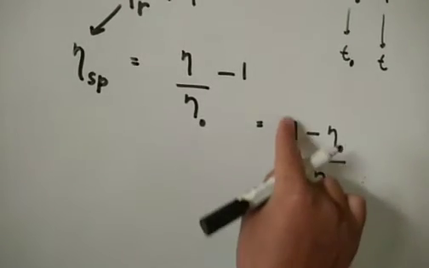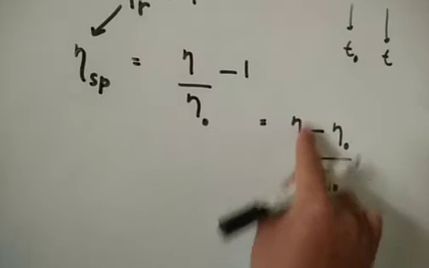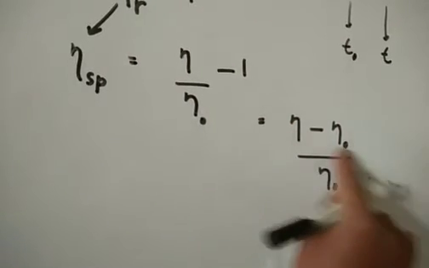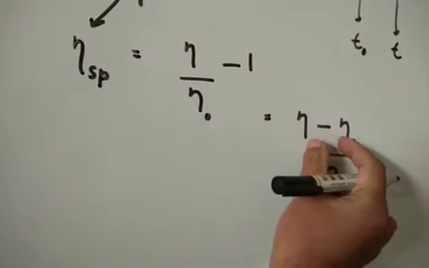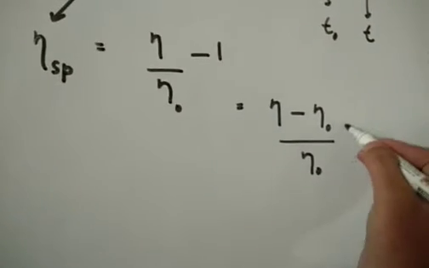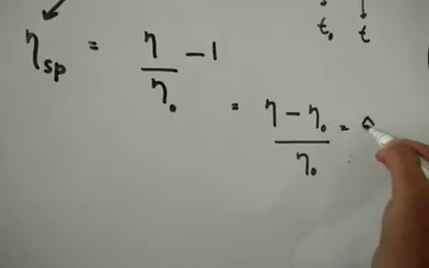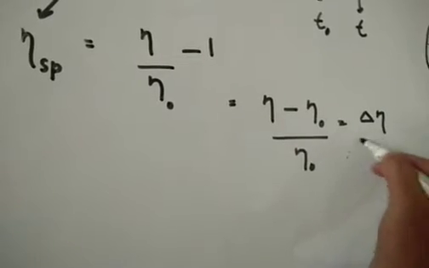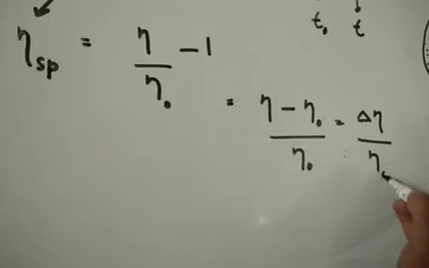Now what is this? This is the viscosity of the polymer solution, and this is the viscosity of the pure solvent. That means the change in the viscosity when we add the polymer to the solvent. So this is basically the increase in the viscosity relative to the pure solvent. This is now called the specific viscosity.